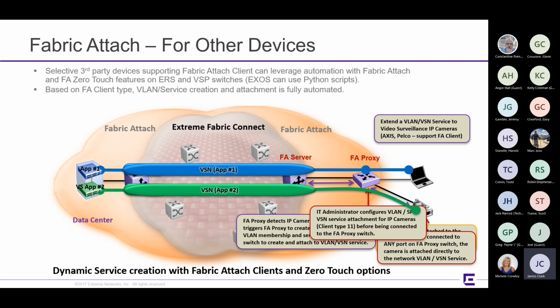But we could also use automated campus, where we would do everything through a NAC environment. So here we're showing that camera getting assigned to the VSN and getting transport. It would get its IP address, its VLAN, etc. This would automatically be assigned based upon that FA proxy.